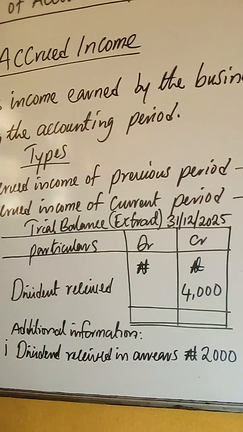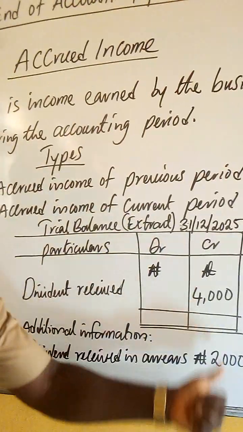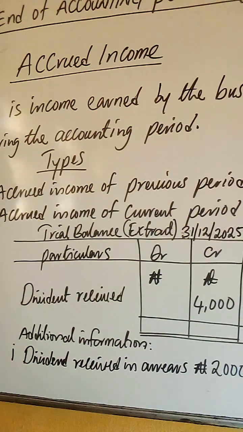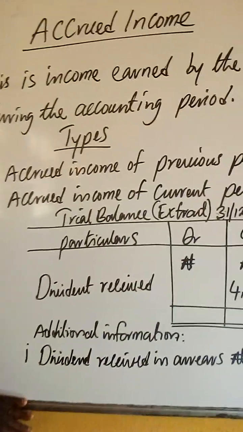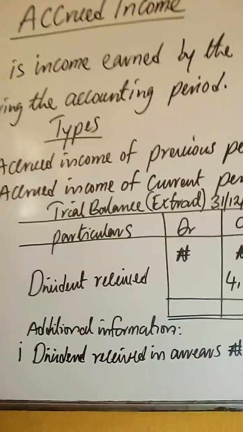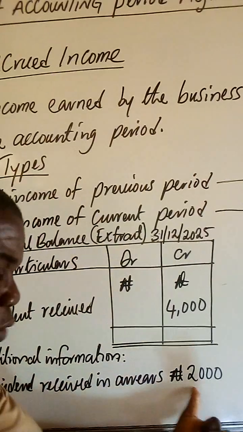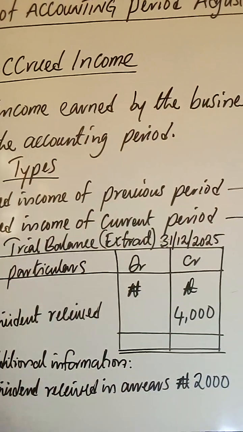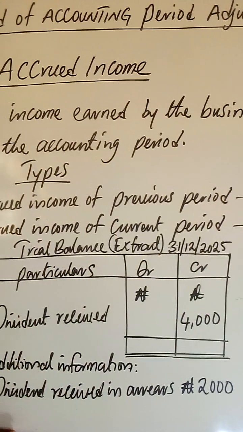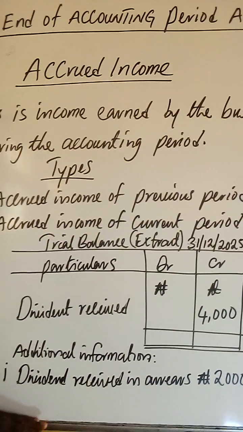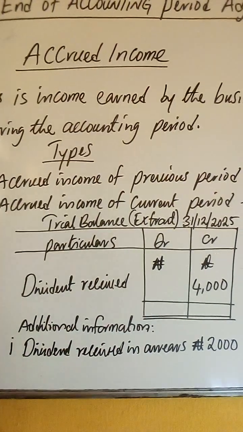The actual amount that was earned by the business was supposed to be 6,000. So 4,000 was only received in the current year, while the other amount was still unearned. Another situation could be where nothing is received as dividend, and the whole amount is in arrears, outstanding. But in this case, part of the dividend was received while the other part was owing.